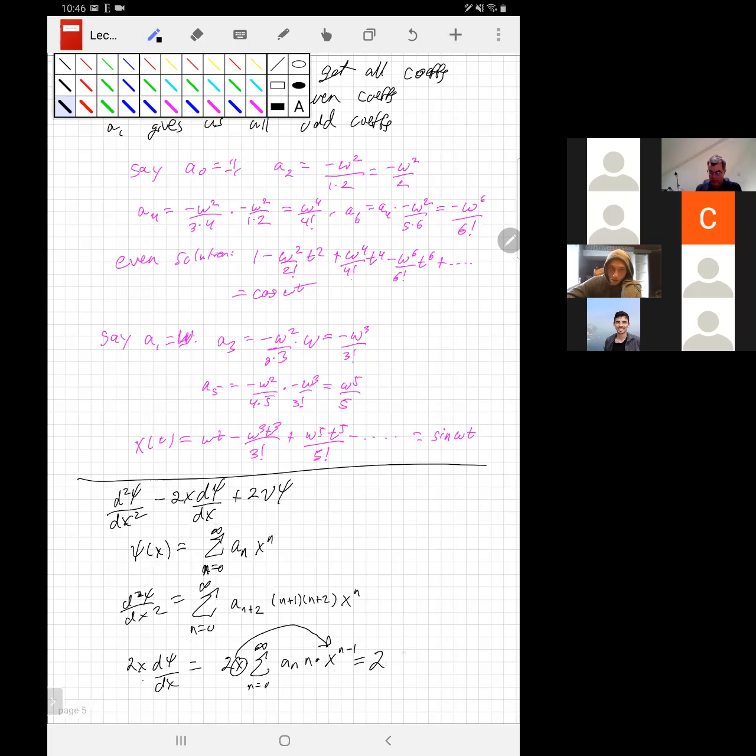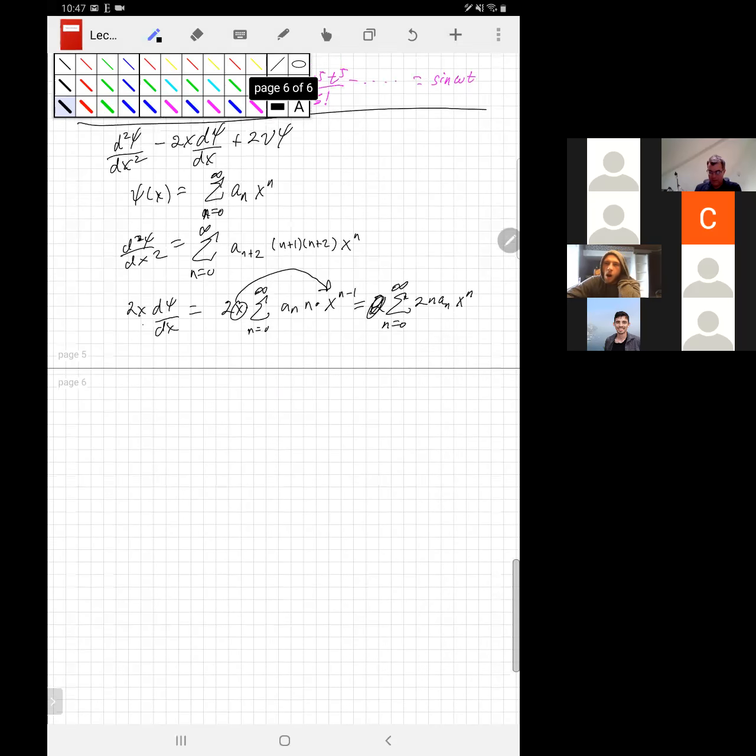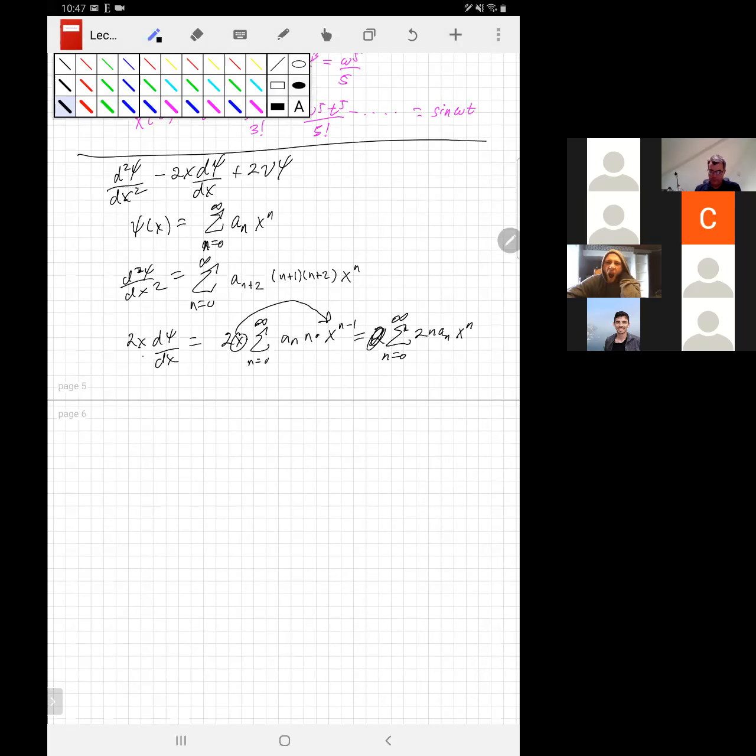And I just get the sum from n equals 0 to infinity of 2n a sub n x to the n. And then, of course, 2 nu psi will just be the sum from n equals 0 to infinity of 2 nu a sub n x to the n.